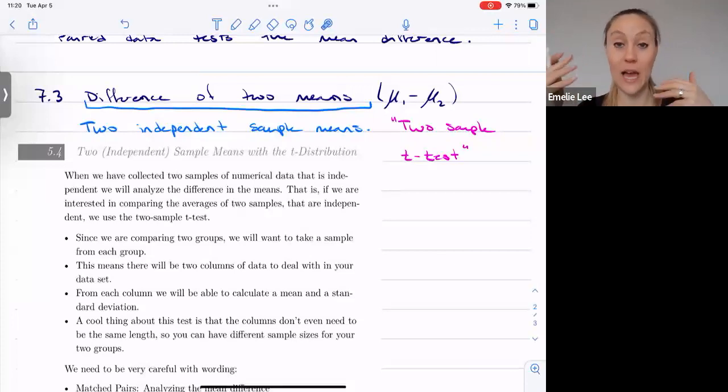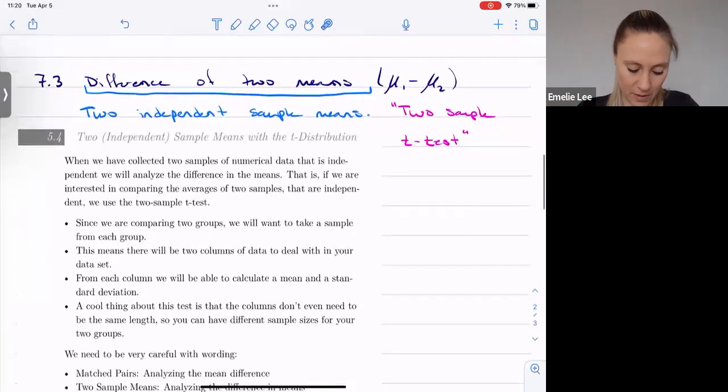I want the one with the highest sales. So I analyze those differences in the means, and then I choose the one that has the highest sales, if it's significant. The example we're going to look at is for diamonds, kind of fun, and we're going to analyze the difference in mean price. So it's pretty common.